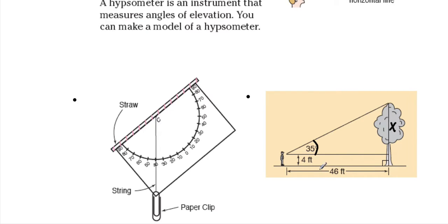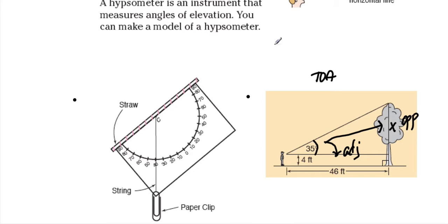So ask yourself, how is 35 degrees related to 46 and x? If you notice, the height of the tree is the opposite side of our angle, and 46 is the adjacent side. Knowing those two, we know for a fact that this becomes your TOA ratio, or opposite over adjacent, and we can now solve for the height of the tree.